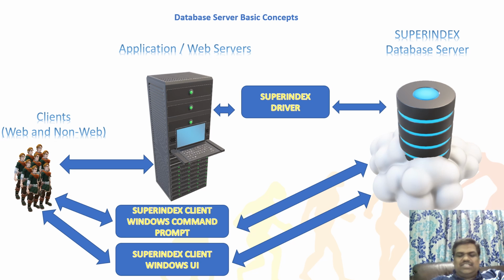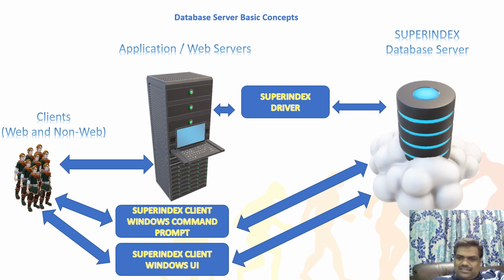Before going to production, or even after, if somebody wants to analyze directly without contacting anybody, they can use it. And we have a Windows UI client also. SuperIndex also has a SuperIndex client, Windows UI.